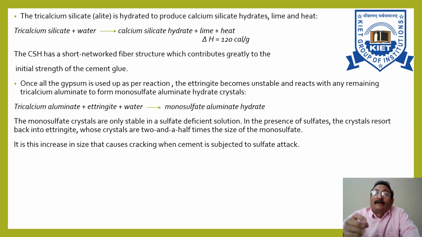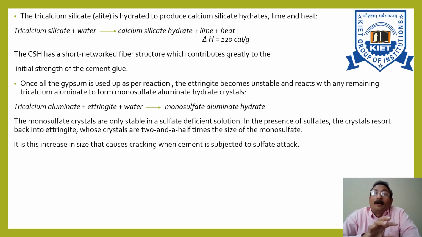In this case, approximately 120 calories per gram of heat is liberated. This CSH has a short networked fiber structure, and it contributes greatly to the initial strength of the cement glue.